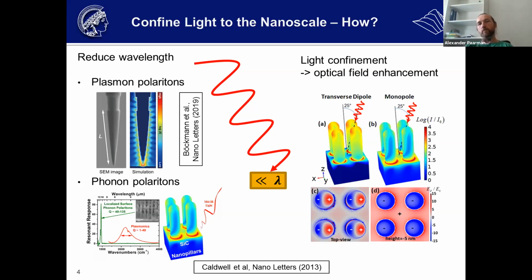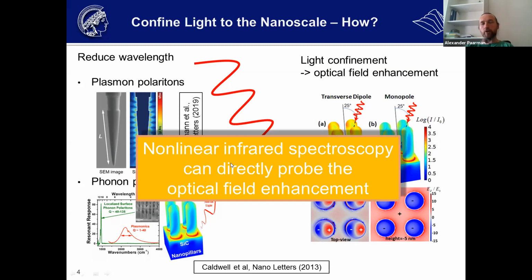And this is what my group is specifically looking at. We're using techniques that are sensitive to these optical field enhancements, because by doing any kind of nonlinear optics, where our signals scale more than linearly with the local optical field amplitudes, we will get signals that are sensitive to these polaritonic effects.